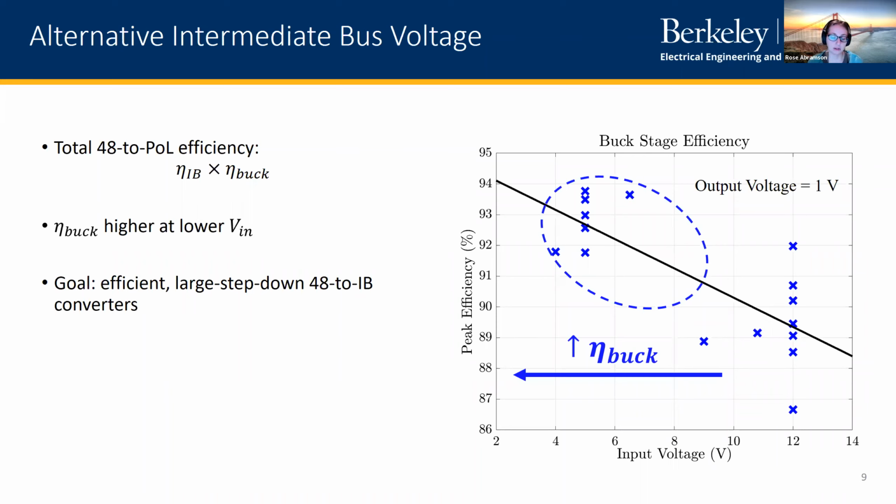And if we can use a very, very efficient first stage, such as a hybrid switch capacitor converter, then our overall system efficiency may be improved compared to a more traditional 12-volt intermediate bus solution.